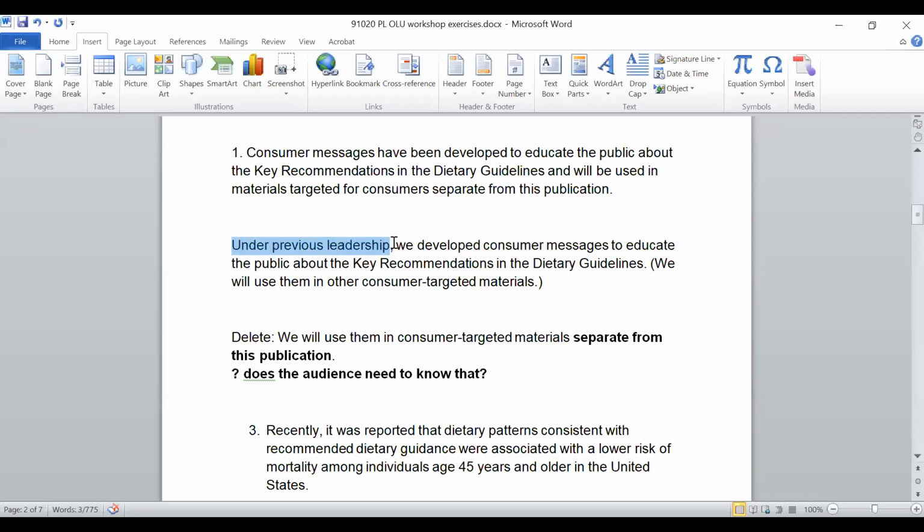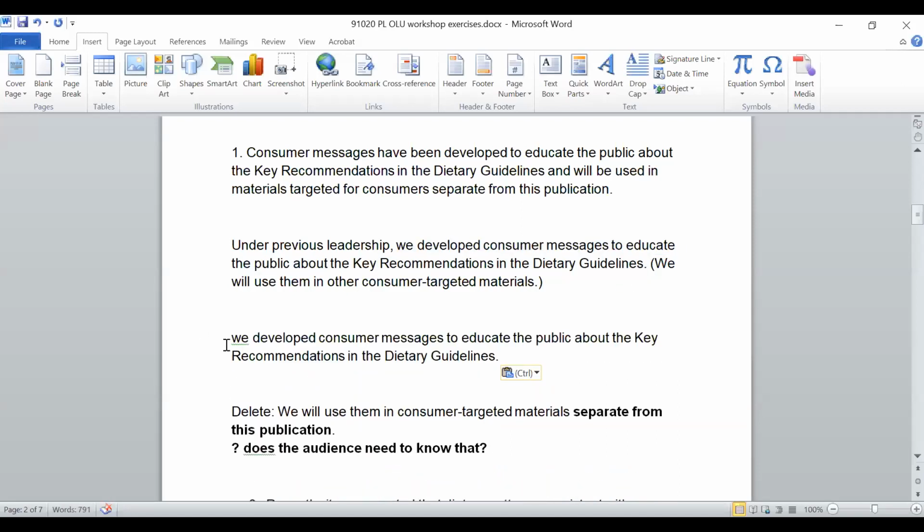You could also make that, we developed consumer messages to educate the public, you know, from the previous leaders. Yeah, these are not great examples, I'm so sorry, but you can do that. Prepositional phrases are not a problem.